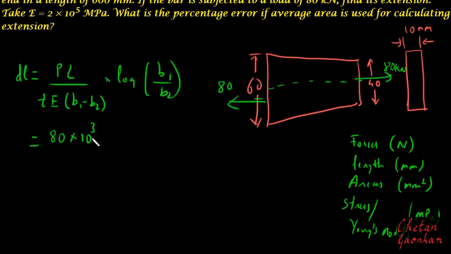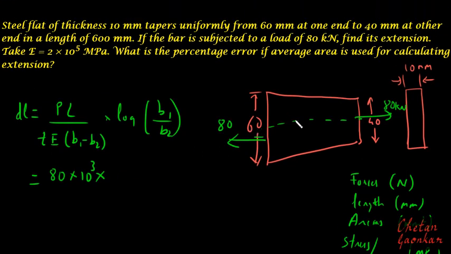These are the consistent units we can follow. So I'm keeping the load in newtons, multiplied by length, which is given as 600 mm, divided by thickness 10 mm multiplied by E, that is Young's modulus, 2 multiplied by 10 to the power 5 megapascals.